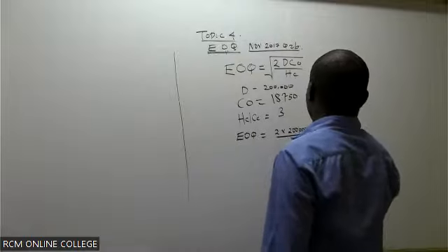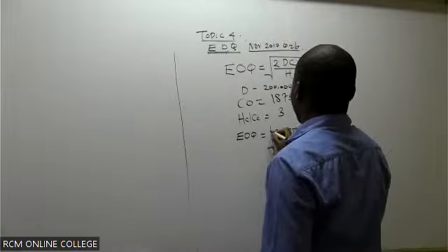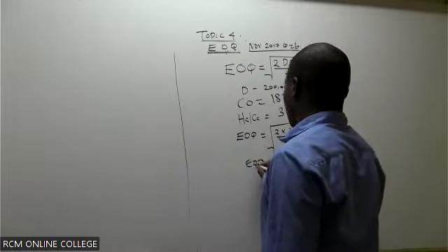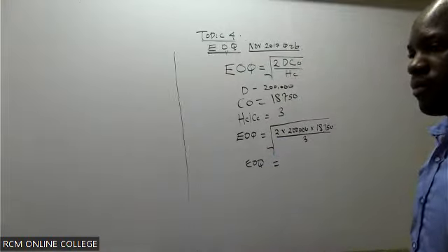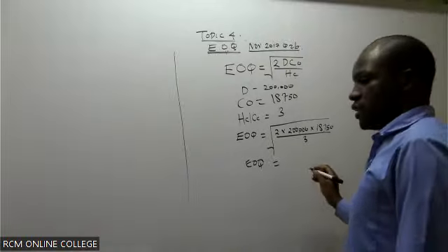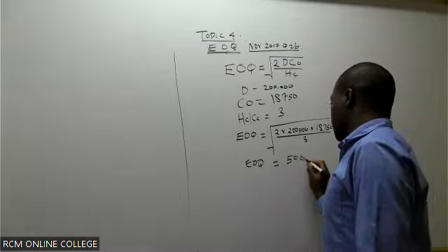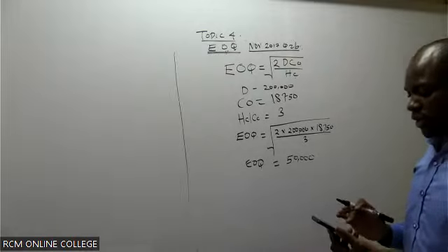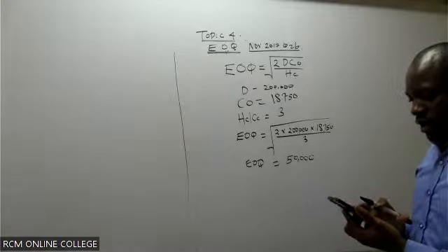The whole of that you divide by holding cost, then you get the square root of your result. So what is our economic order quantity? It is equivalent to 50,000. Good. Just as simple as such, and you have your 2 marks.